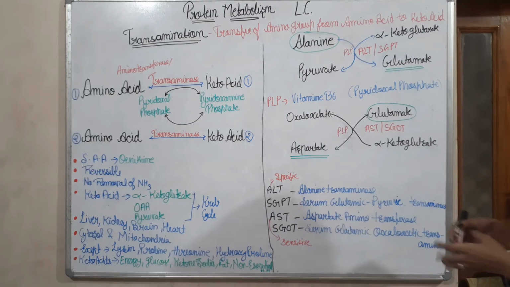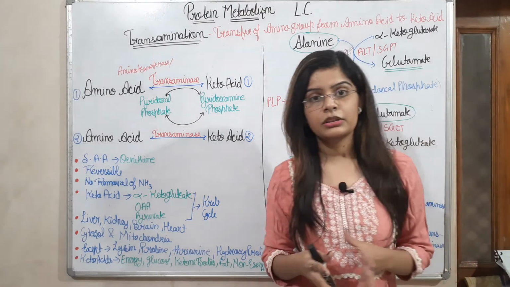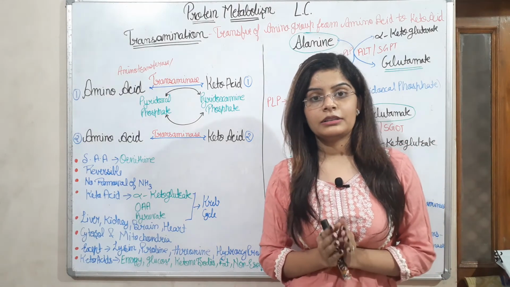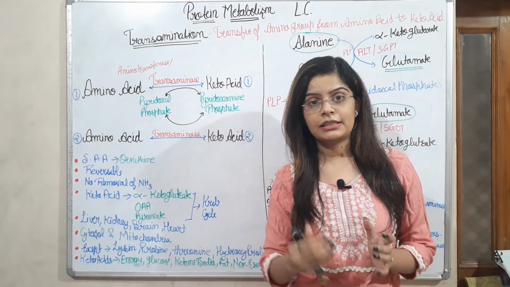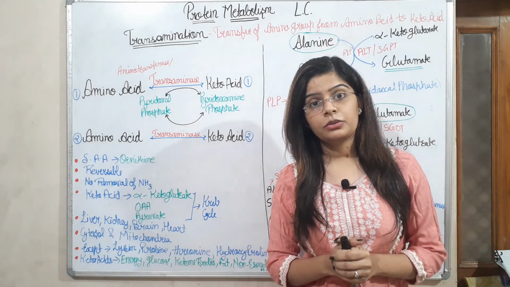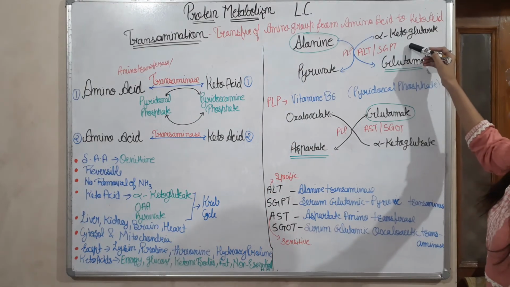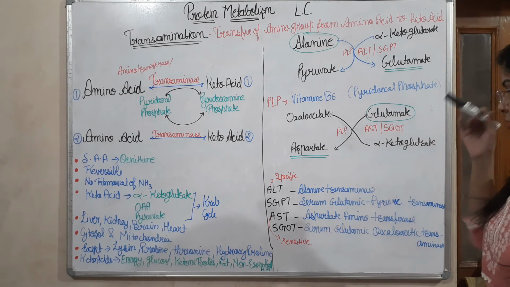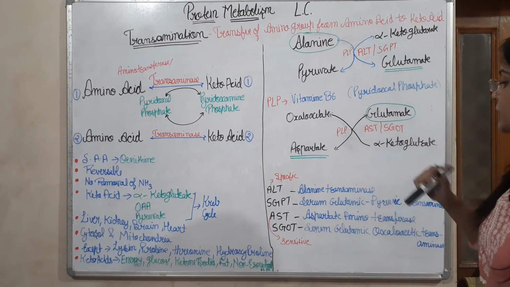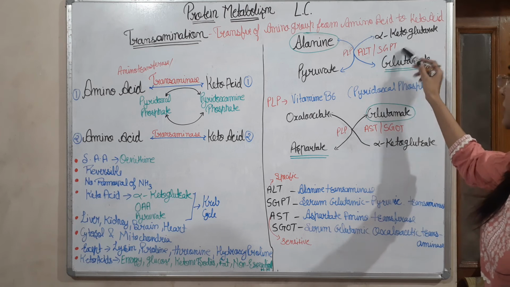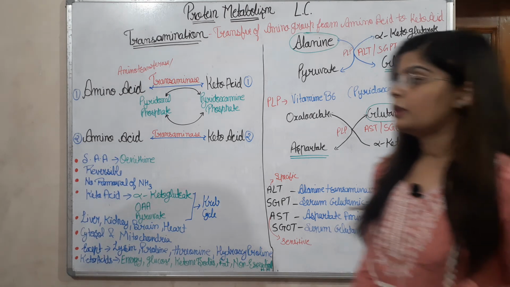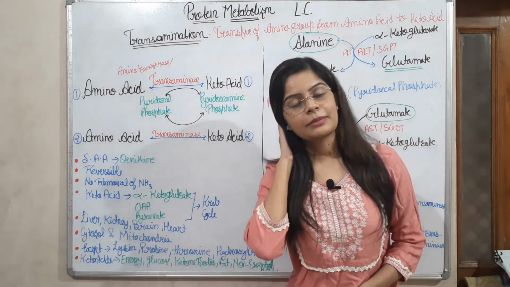That is why if there is something very harmful going on in our liver, at that time the SGPT increases its level, and it is very important to test this enzyme. So SGOT is not that important in comparison to SGPT, because SGOT is sensitive and SGPT is specific. So, that is all about protein metabolism and the transamination process.